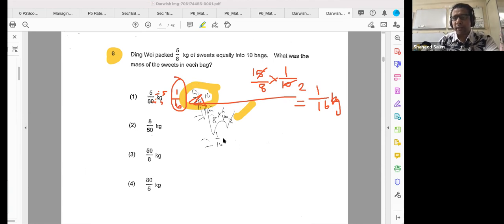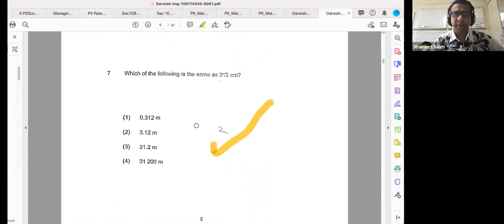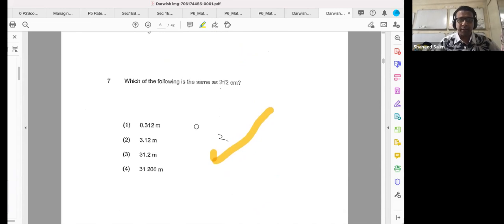You know the answer already. Okay, but don't give up. Can you see that? You get it right. You divide, you can get it. So be careful, I do not know whether the question will be this tricky for you in PSLE. But okay. All right, this one is all right.